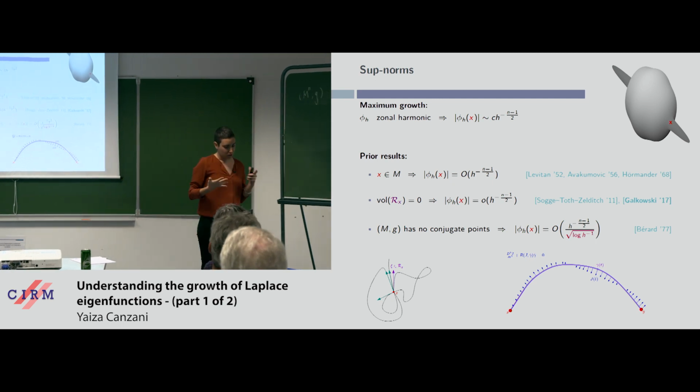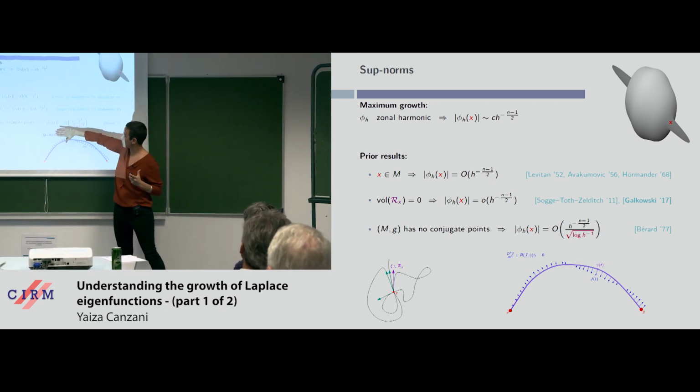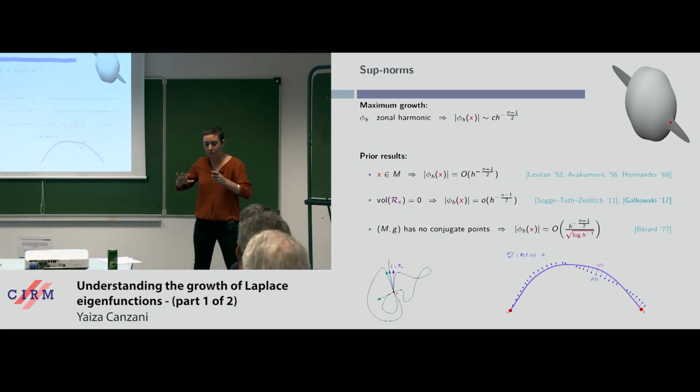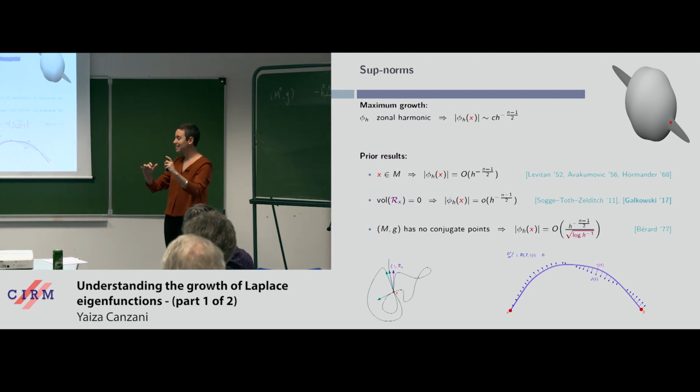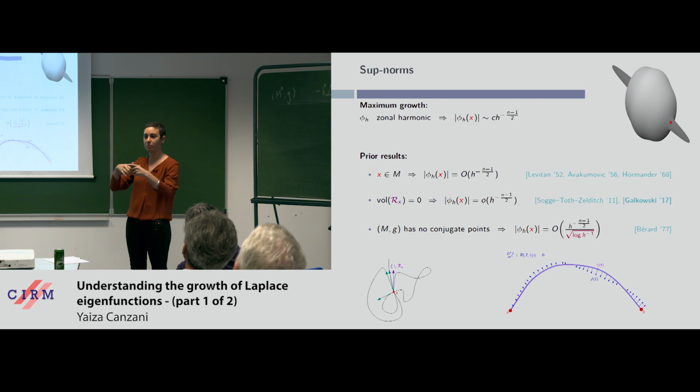If you're not used to working with Jacobi fields, what they do is they satisfy this Jacobi equation, which probably you cannot read. But the point is that they keep track of how fast geodesics spread apart from each other.